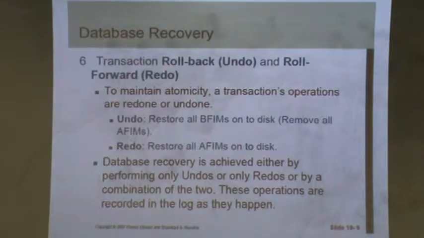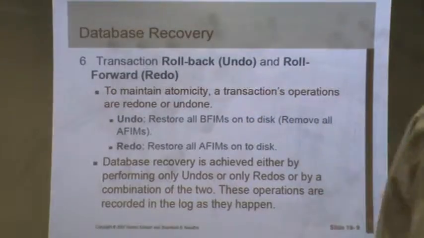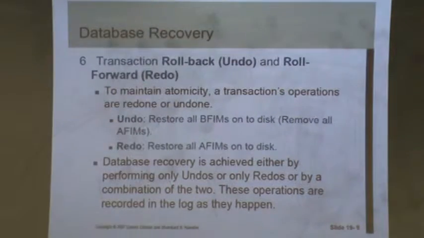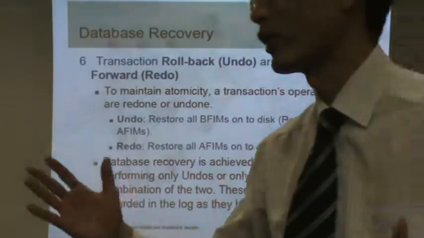On the other hand, undo is the opposite. For example, I'm updating a huge amount of data, like 10 million rows. It takes 2 days. I cannot commit yet. It's just one query.